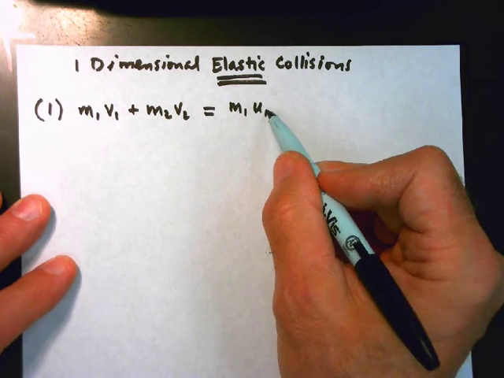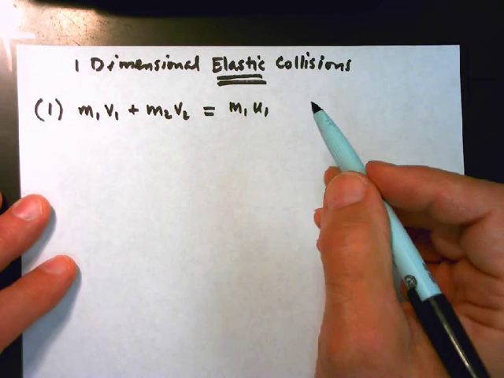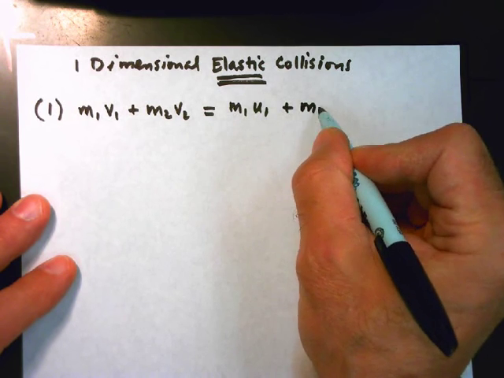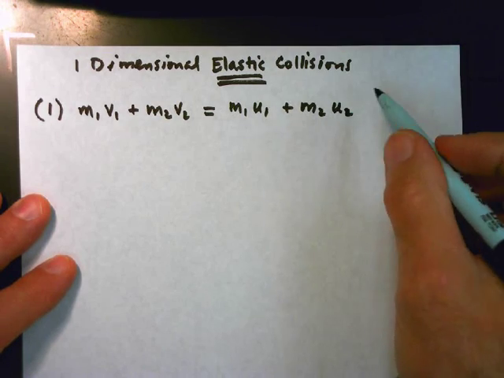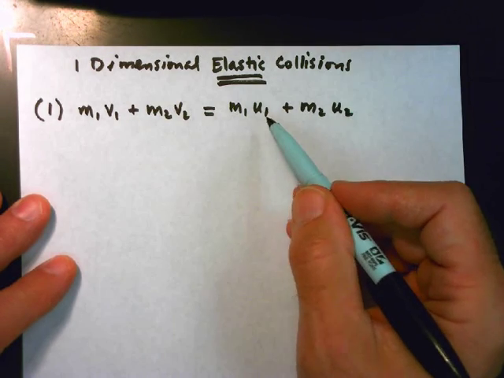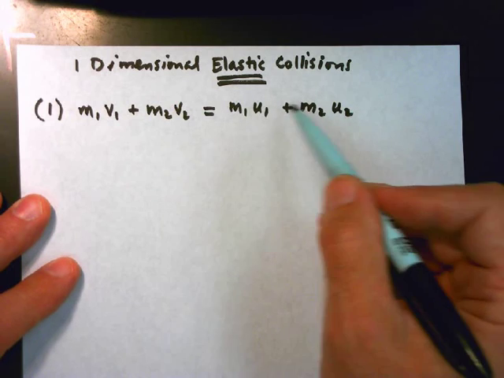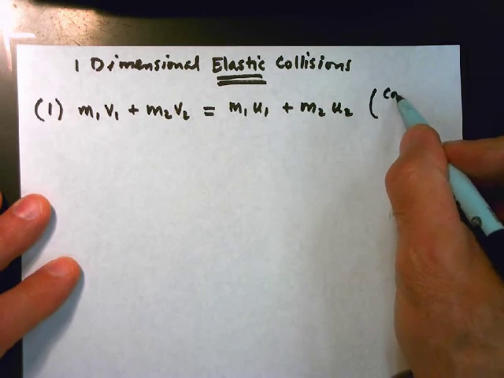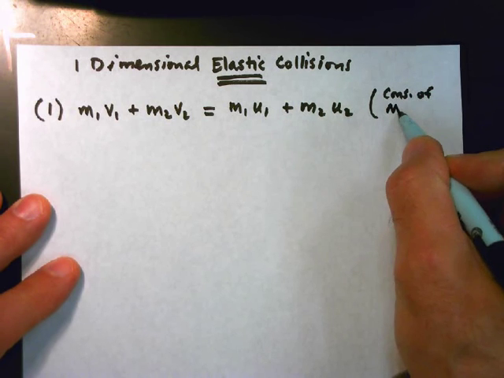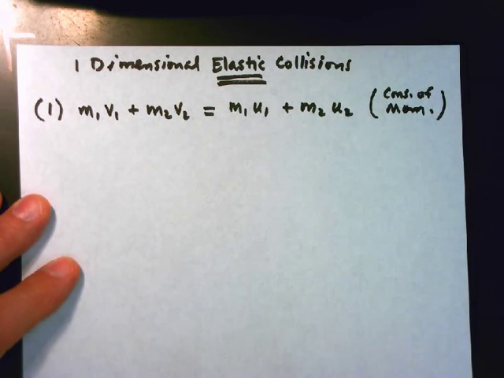I'm using u to describe the velocity after collision. Some people use little prime marks or subscripts for the velocity after collision, and I just use the letter u. So this would be conservation of momentum. I'll just abbreviate it here.